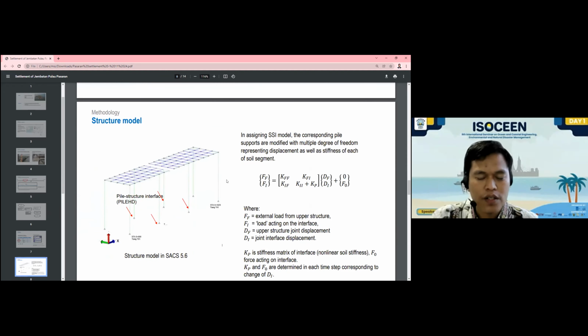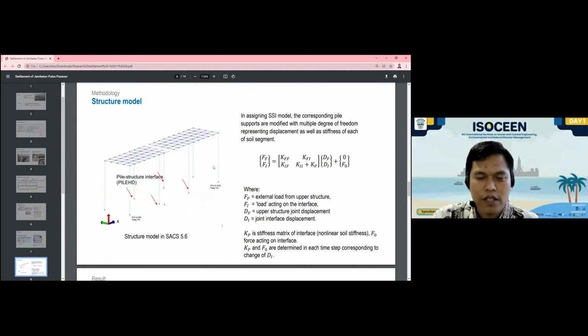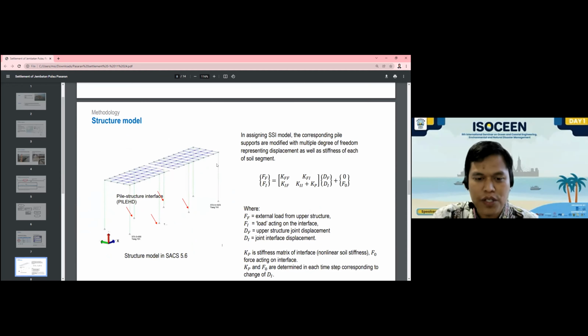And this is the structural model built in commercial software, SAP version 5.6, and as we can see on the left, this is the model. For simplification, I just put the outer part of the structure of the model.